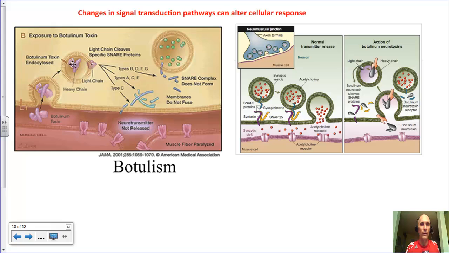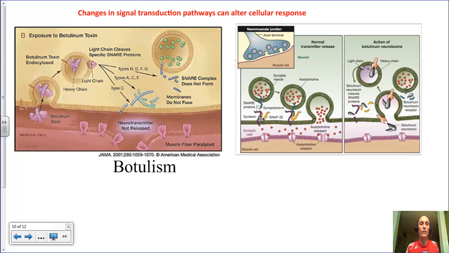And what that's going to do is that it's going to be binding to proteins that are going to keep neurons from signaling muscles. And that is going to cause those muscles then to not contract. And if they don't contract, then let's say it's something simple like your finger wouldn't contract, but if it's your respiratory system, then you wouldn't be able to breathe. So botulism infections are pretty severe.